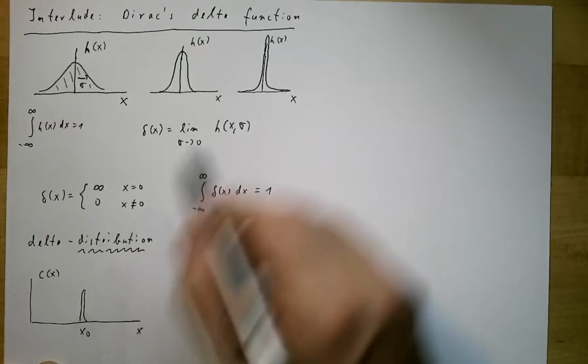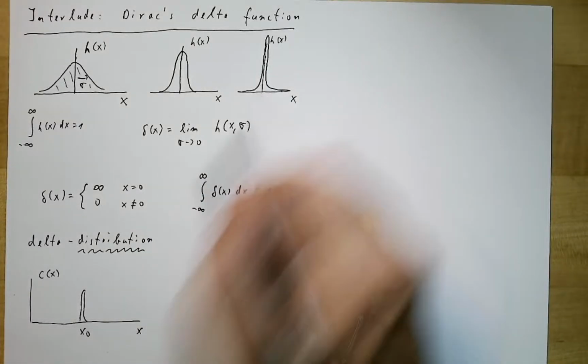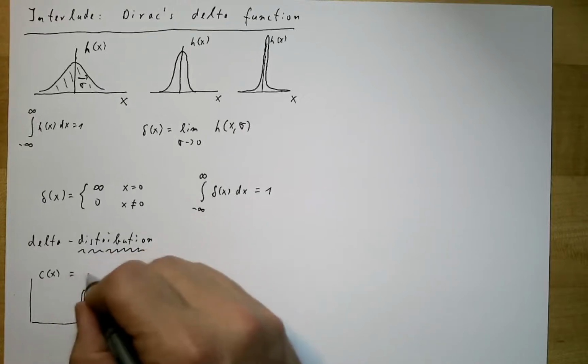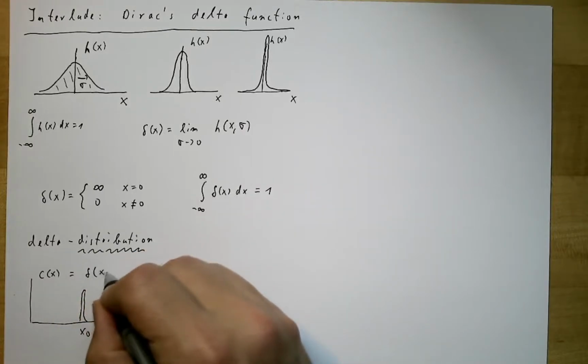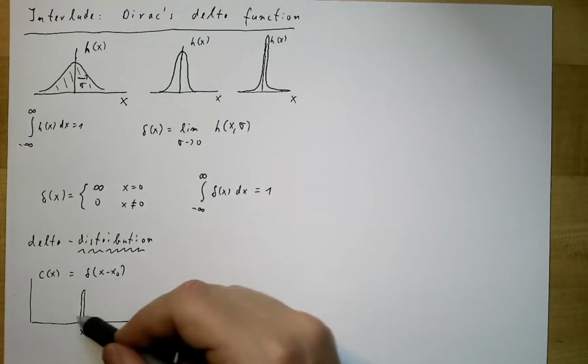How can we do this? This function has the singularity at x equals 0. How can we write it as a singularity at a different position? We write this as a delta of x minus x0. So by a simple transform, by a shift, we can obtain a distribution at some other point.